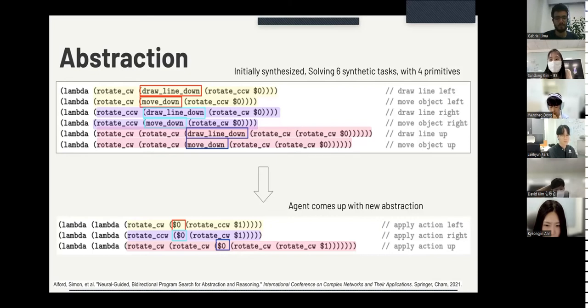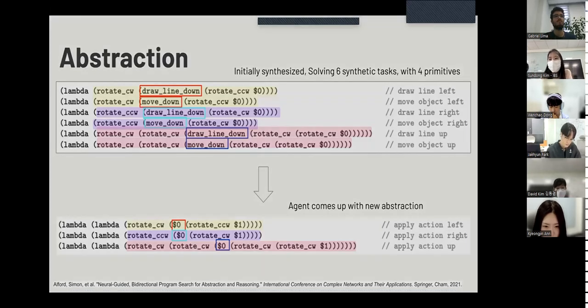If you take a look at the top box, the first 2 solutions have a similar structure. Dreamcoder was able to catch this common structure, and it derived a new function below, where the functions in the red boxes are replaced with $0, where any action can be applied. It is similar with the next 2 lines and the last 2 lines below.